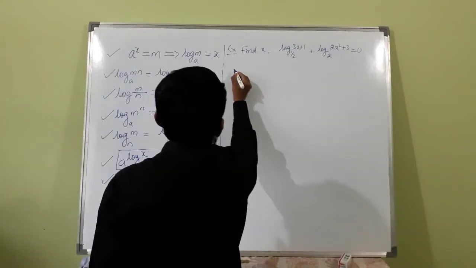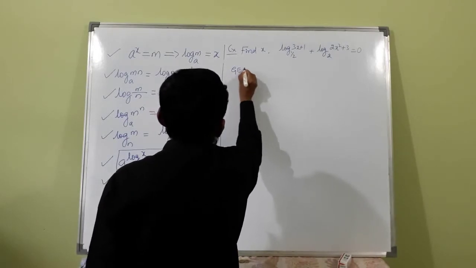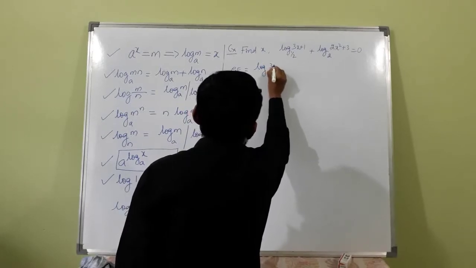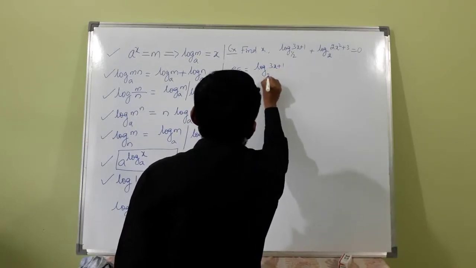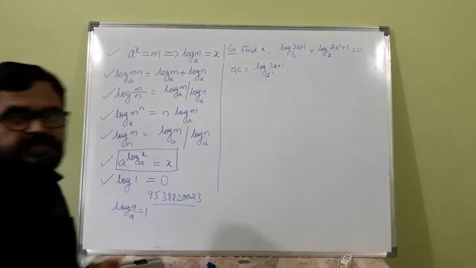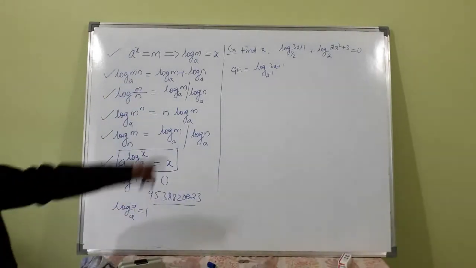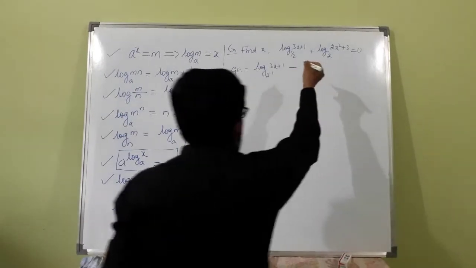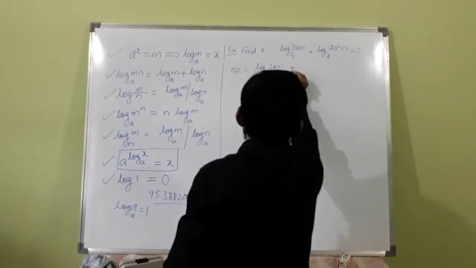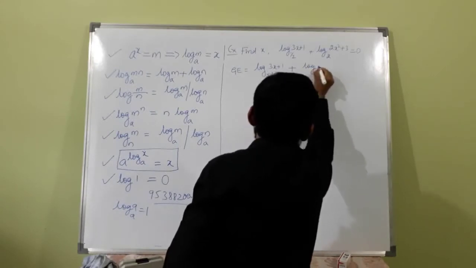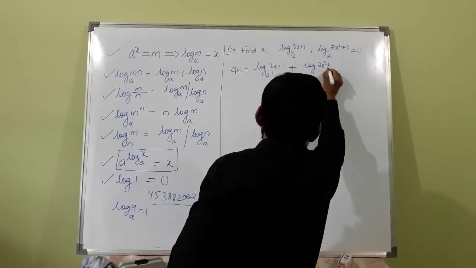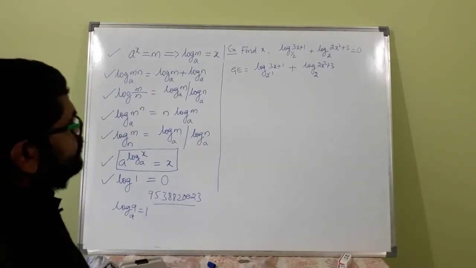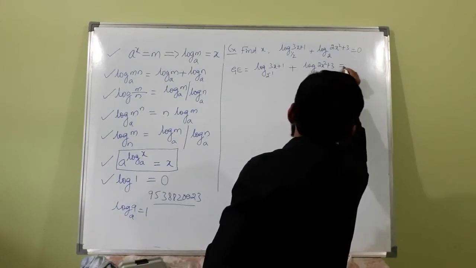See, given expression can be written as, shall I write like this, log of 3x plus 1 to the base 2 to the power minus 1, since a to the power minus 1 is 1 by a, plus log of 2x squared plus 3 to the base 2 is equal to 0. This is given.